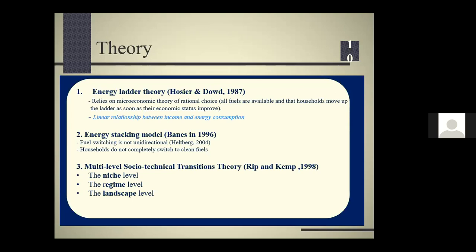So this multi-level socio-technical transition theory would now let us examine all these other political, economic, social, technical theories and maybe incidents or factors in explaining energy transition. So that is why this study has adopted the multi-level socio-technical transitions theory.